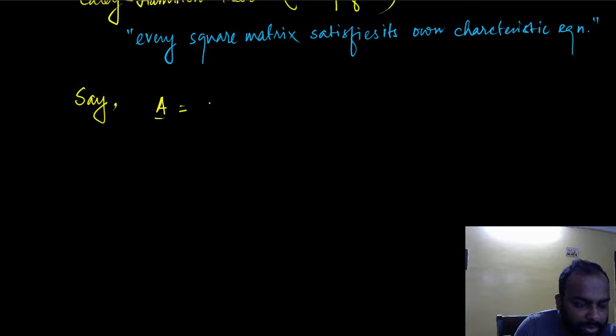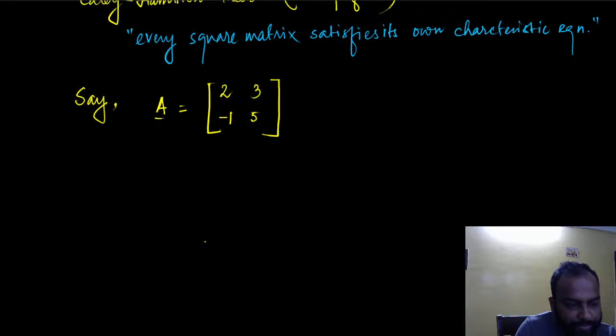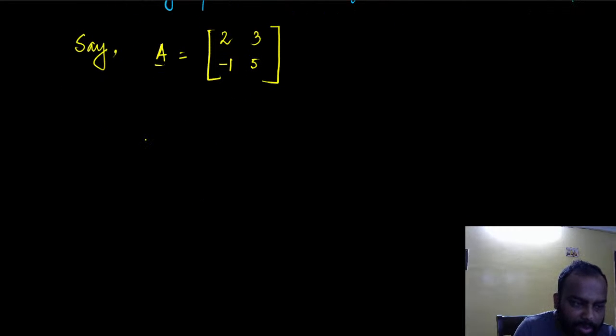So say matrix A looks like this: 2, 3, minus 1, 5. Something like that, right? So what is the characteristic equation? The characteristic equation is this, right?